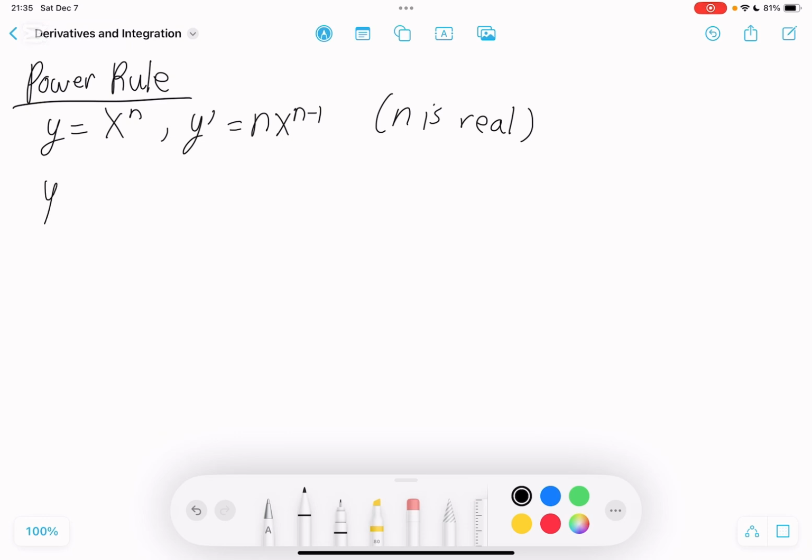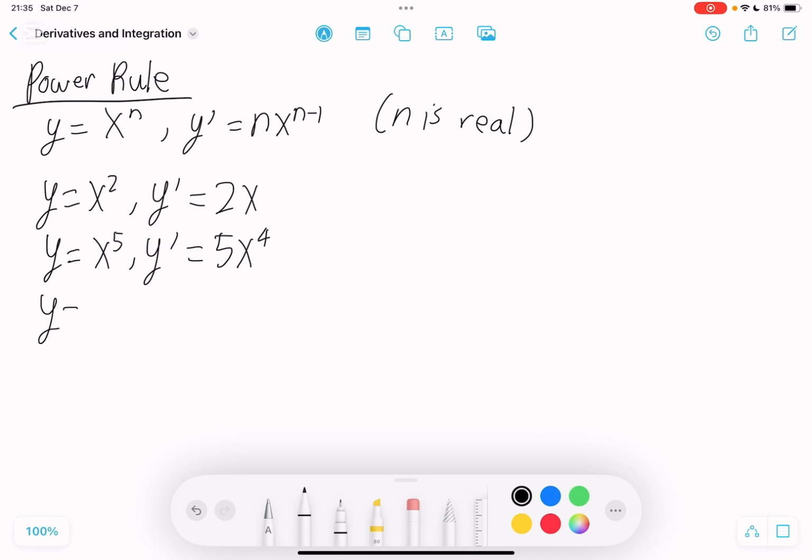An example would be y equals x squared. In this case, we know that the derivative of y would be 2x. If y is x to the power of 5, then the derivative of y would be 5x to the power of 4. If y is x to the power of negative 3, then the derivative of y would be negative 3x to the power of negative 4.